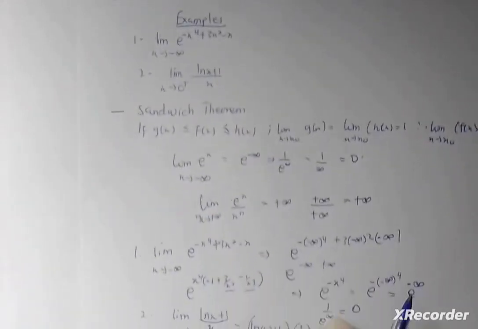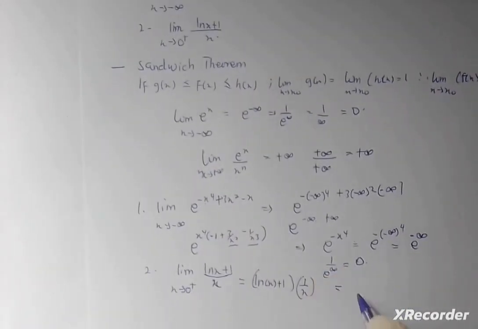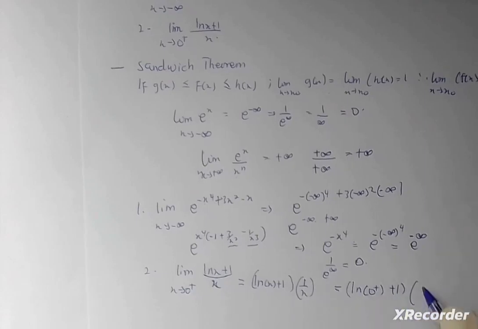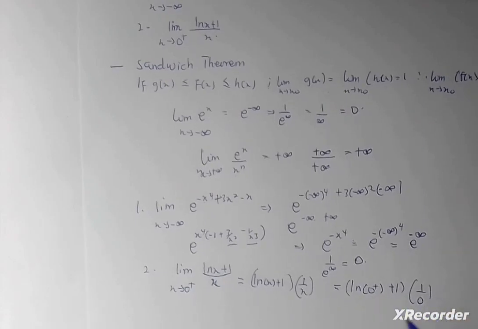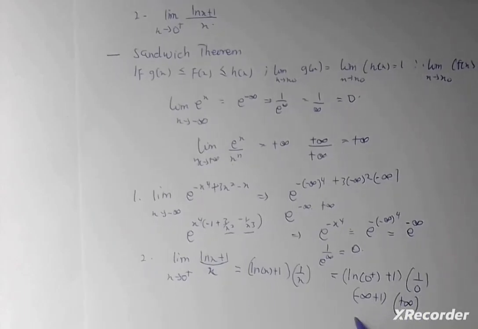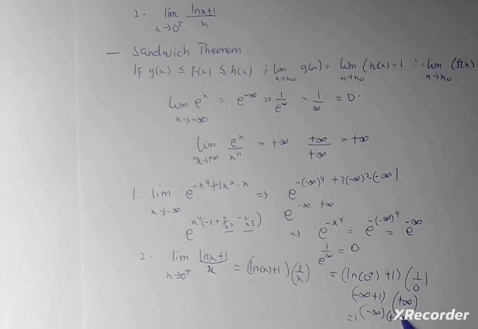So therefore I can come back here and say that if I put 0 plus in here, multiplying 1 over 0, then this place will be negative infinity plus 1, and this one will be positive infinity. Any number over 0 is infinity. So here it's going to give me negative infinity times positive infinity, which still becomes negative infinity. And that is how we treat limits of transcendental functions.